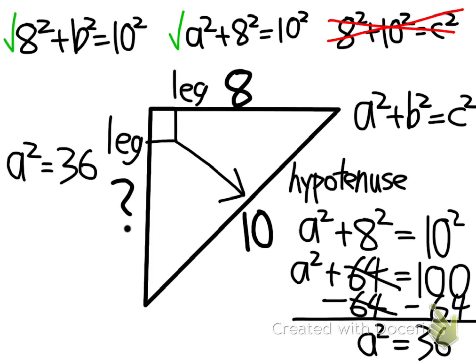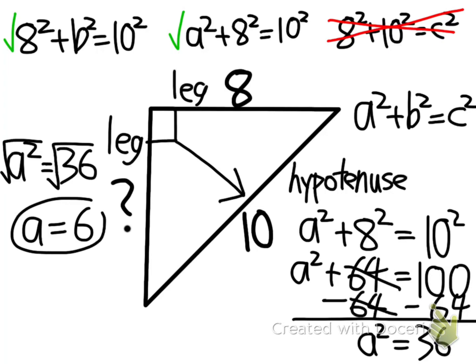Finally, to get the desired result, square root both sides. Doing so undoes the square and gives us 6 as the value of the missing side length and our final answer.